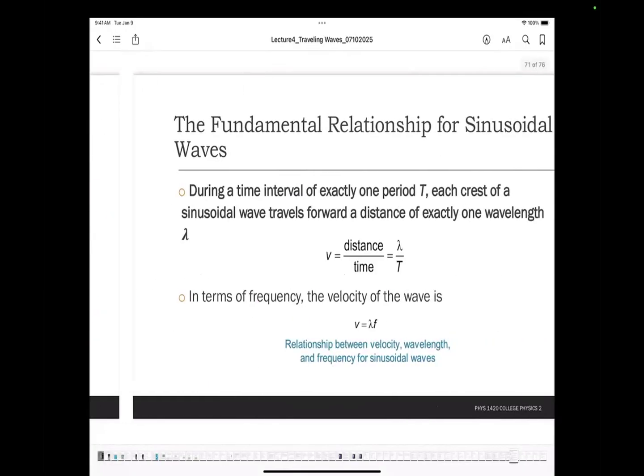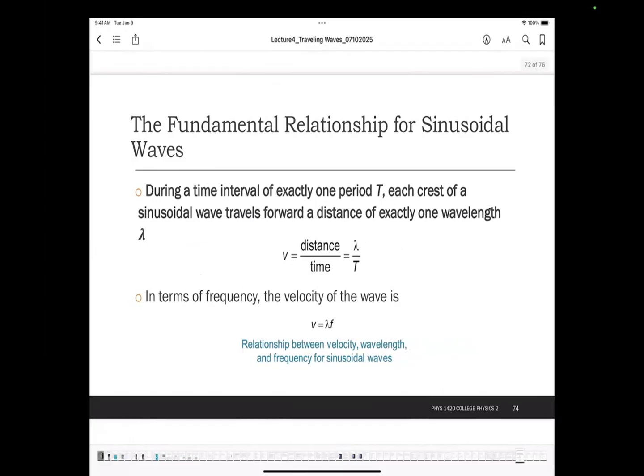Okay, let's continue. Let's review the fundamental relationship for sinusoidal waves. During a time interval of exactly one period T, each crest of a sinusoidal wave travels forward a distance of exactly one wavelength lambda. We have already talked about this just now.